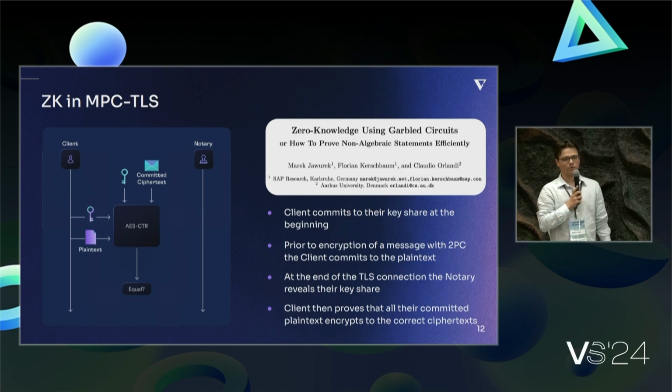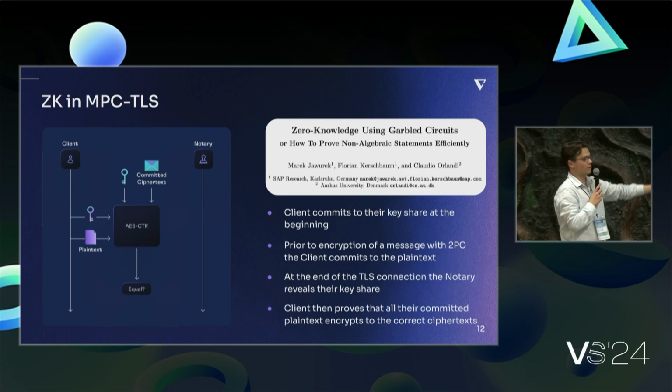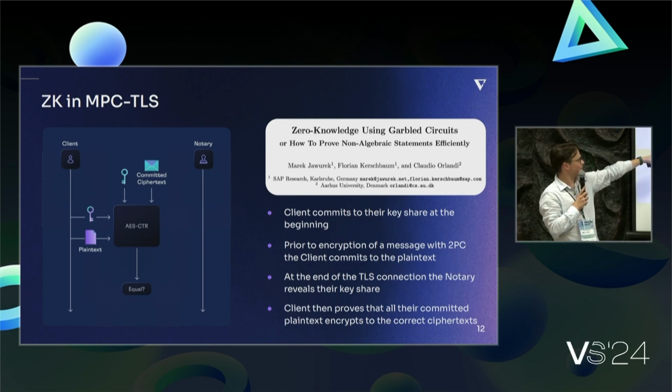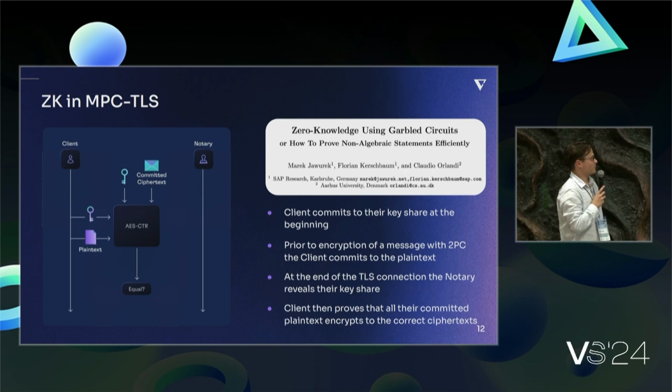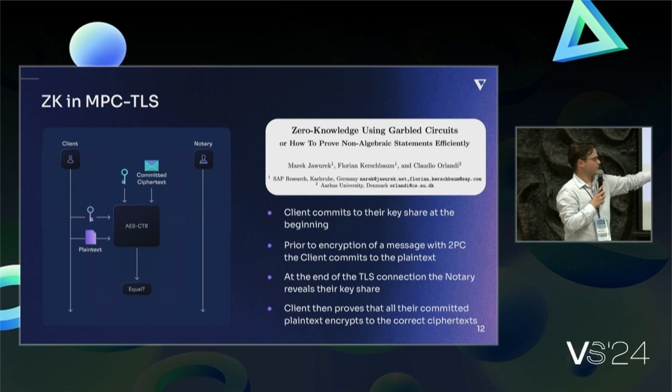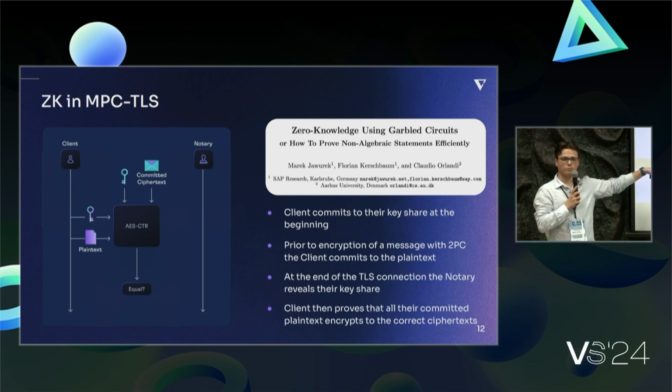Why is it zero knowledge? Because the notary never learns either the plain text or the client's key share. So he gains zero knowledge about the client's private inputs, but he learns if everything was proven honestly.